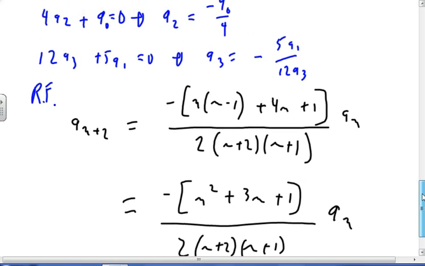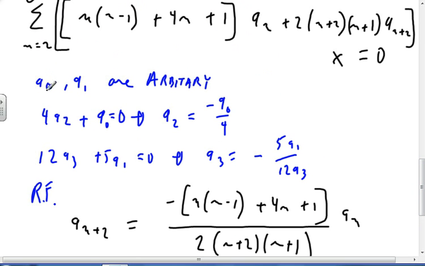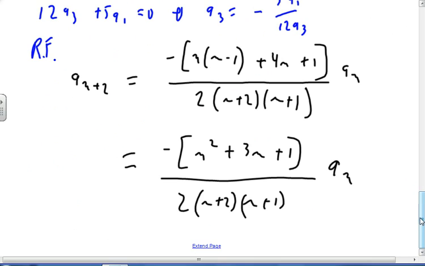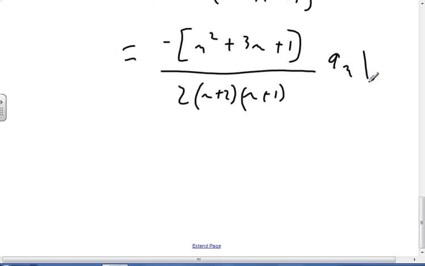Okay, so now I found a0, a1, a2, a3, so we'll find a4 and a5. And this is for all n greater than or equal to 2. So I'm looking at a4, which is going to be minus, n is 2, so that's 4, plus 6 is 11.